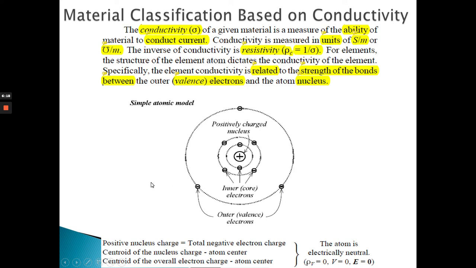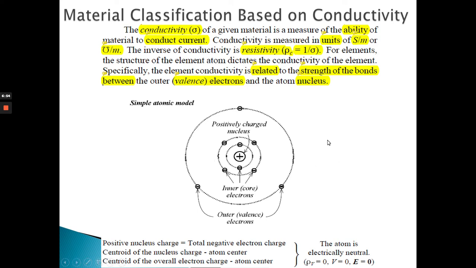It makes them free from the attraction of the nucleus of this atom, so they can move freely. The more freely they move, the more it conducts the current, because when you free one electron or multiple electrons, they tend to move through the material freely. When they move, they conduct the current.